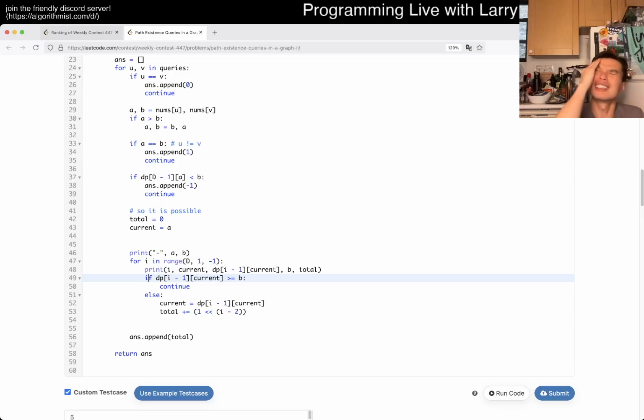How do I check for I minus 1? I have to do one previous move. That's why. Wow, I do not know how to do this at all. Okay.